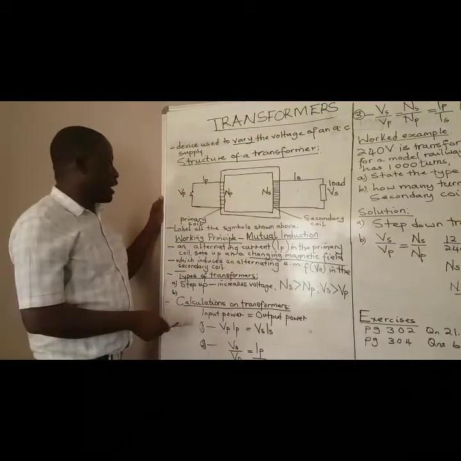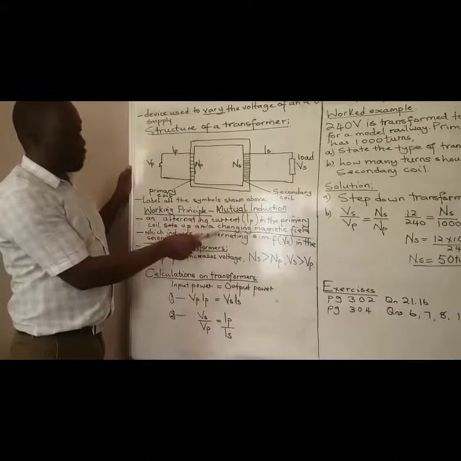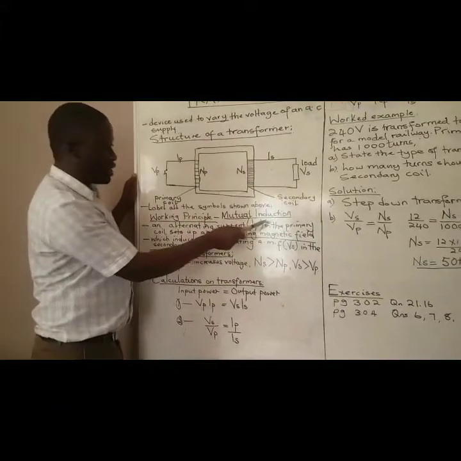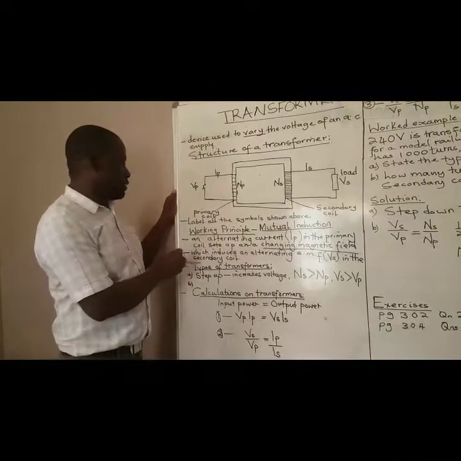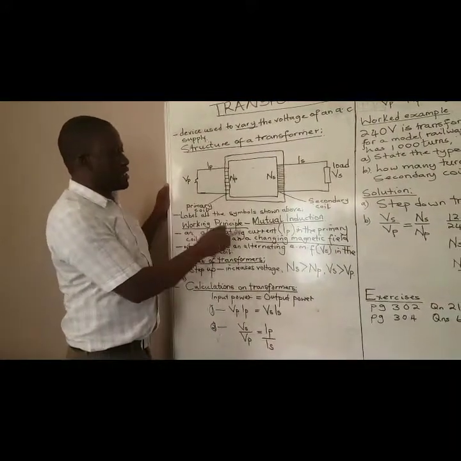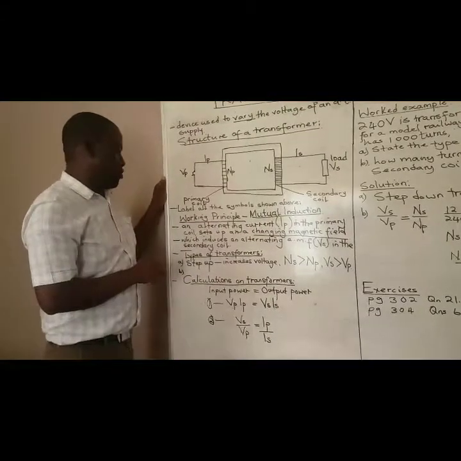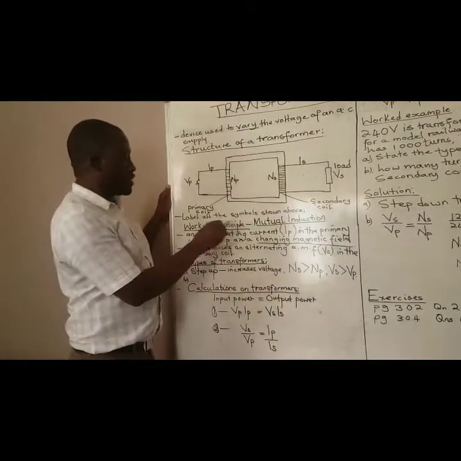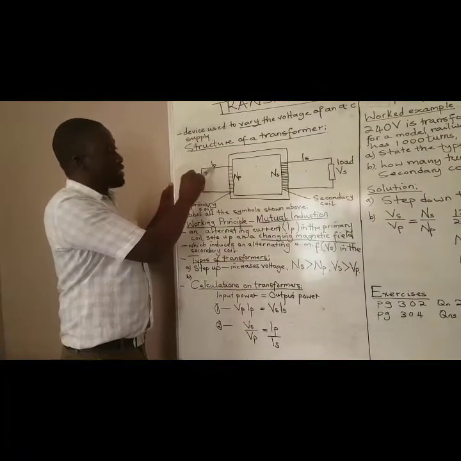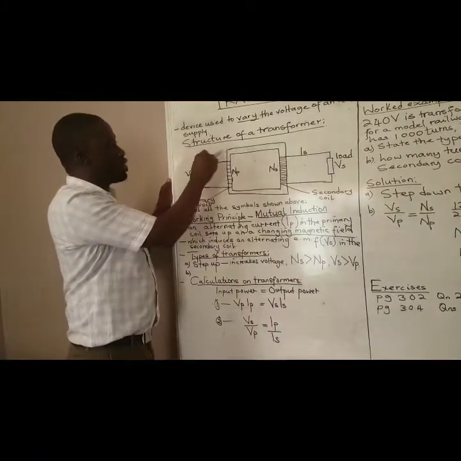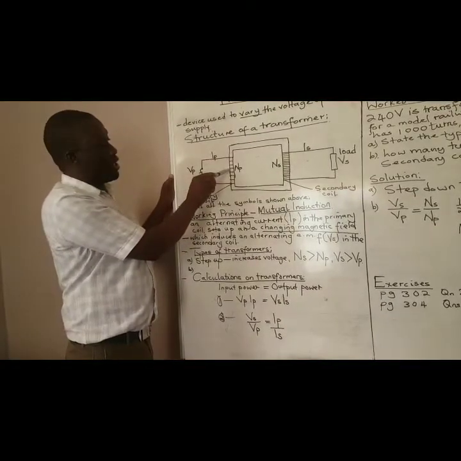Then you continue. How does a transformer work? The working principle of a transformer is what you call mutual induction. Mutual induction. What is happening here? We are saying an alternating current in the primary coil here sets up or creates a changing magnetic field. When current comes here and interacts with this soft iron core here, a magnetic field is produced here.